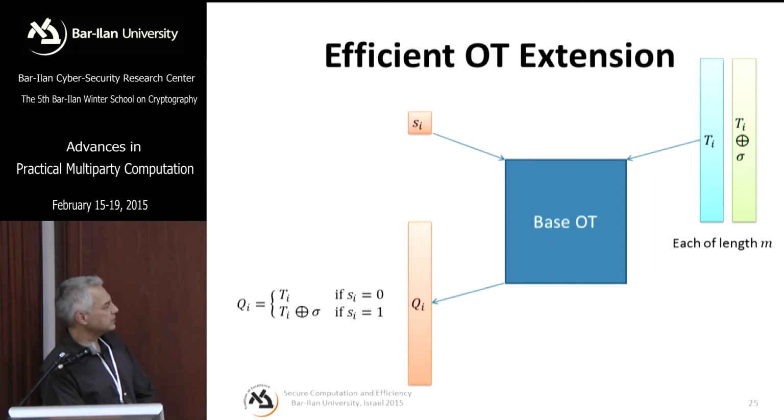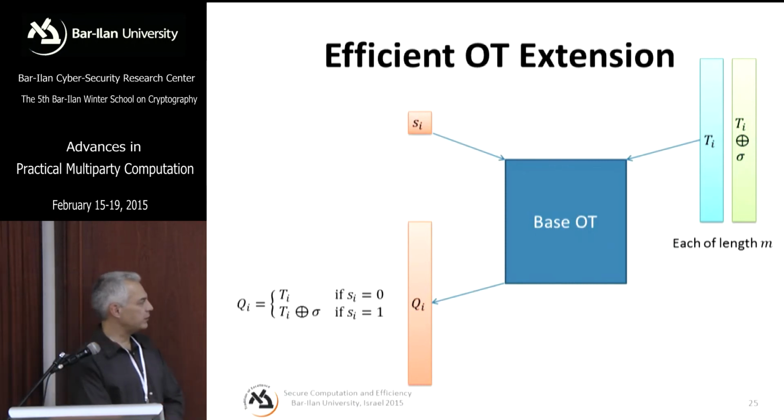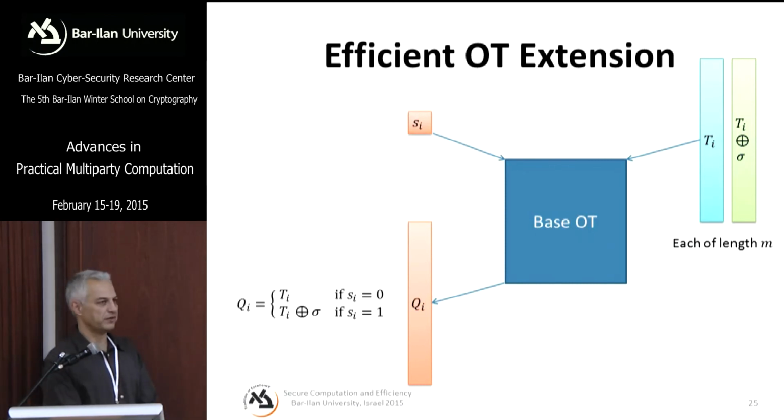Let's denote his output as Qi. Qi is equal to Ti if he chose Si equals 0, the 0 option. And Qi is Ti XOR sigma if he chose to learn the 1 option, if Si is 1. And sigma, just to recall, is the receiver's choices in the real oblivious transfers.